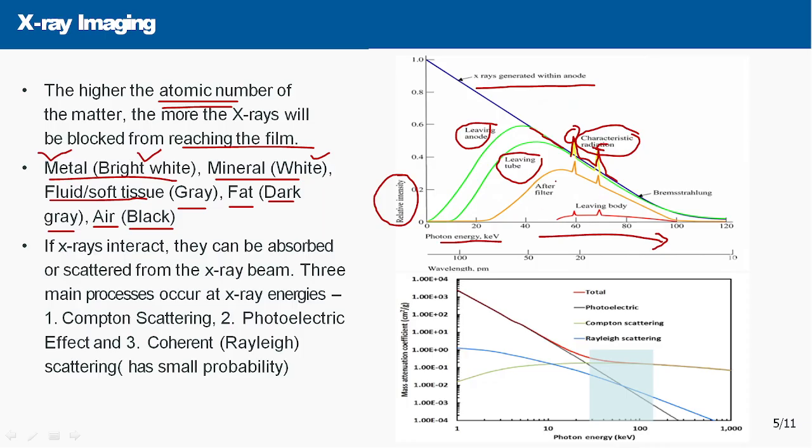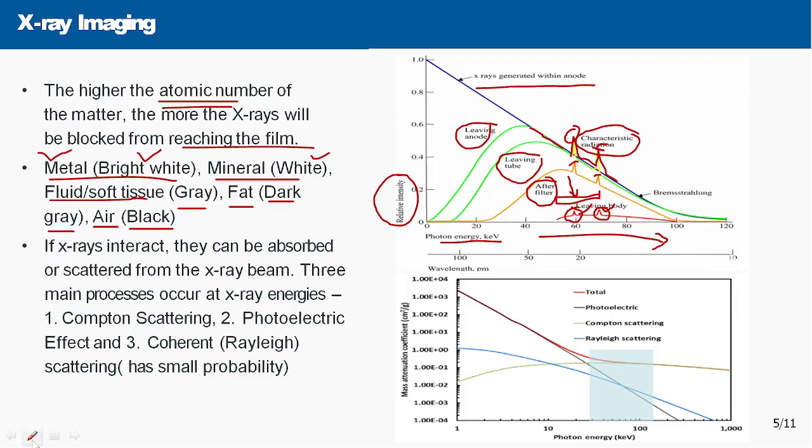Then after the filter we have these peaks, and this passes through the body where the patient is lying. This is the intensity after absorption, which is leaving the body. This intensity will be absorbed in the photographic film and we can get the images.